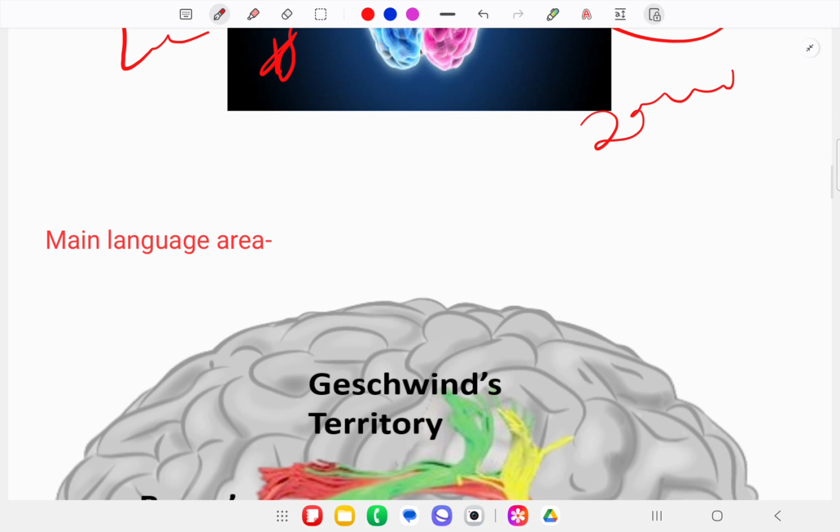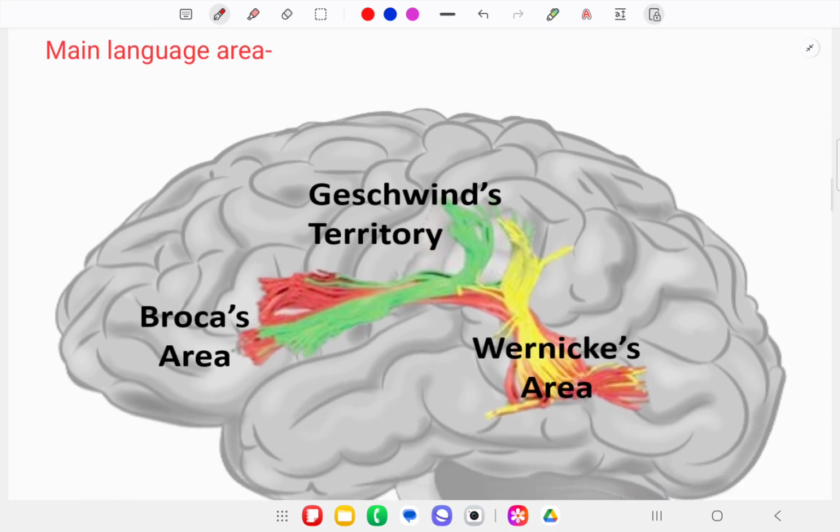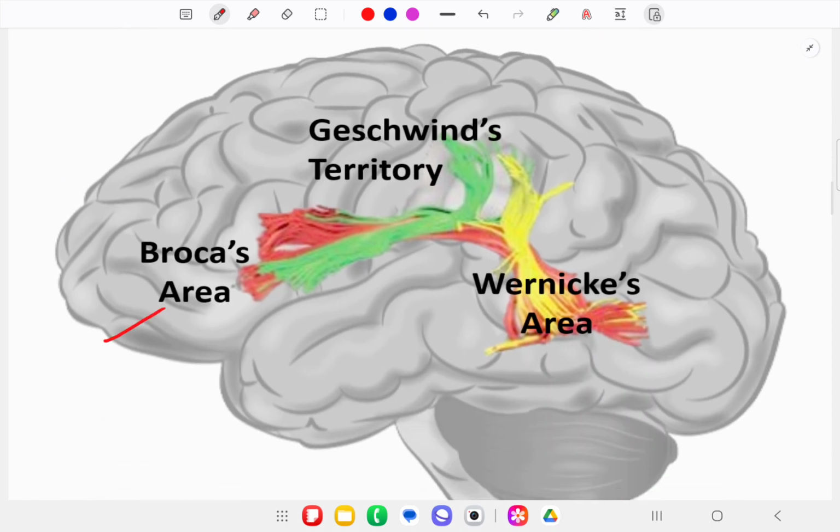What are the main language areas? Language processing occurs mainly in Broca's area and Wernicke's area. Broadly speaking, words are comprehended by Wernicke's area first.